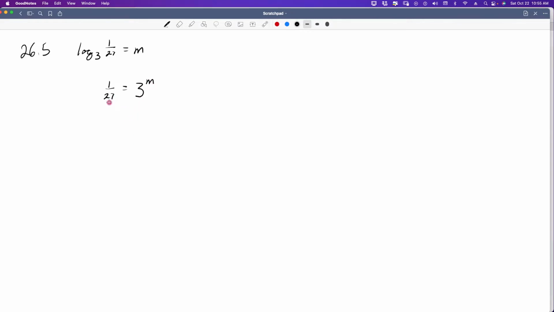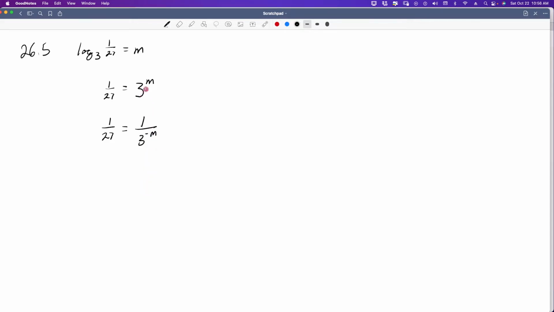So right away I see that this is 1/27, so that tells me that this is going to be a negative exponent. Because it's a negative exponent, I'm going to put this in a negative form. I'm going to flip it. So that gives me 1/27 is equal to 1/3 to the -m, right?